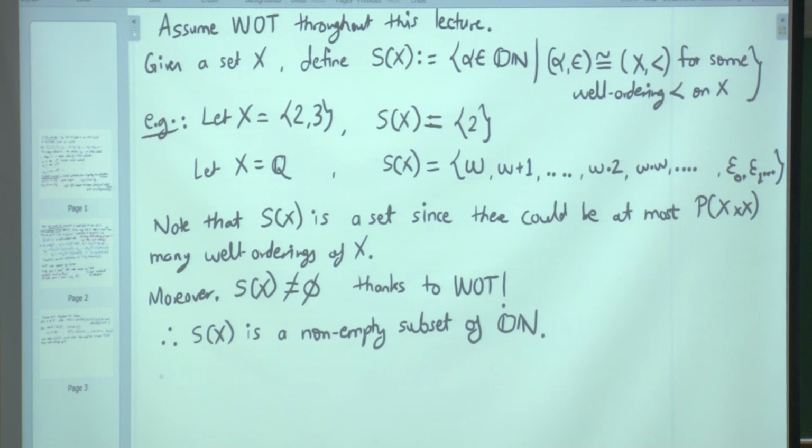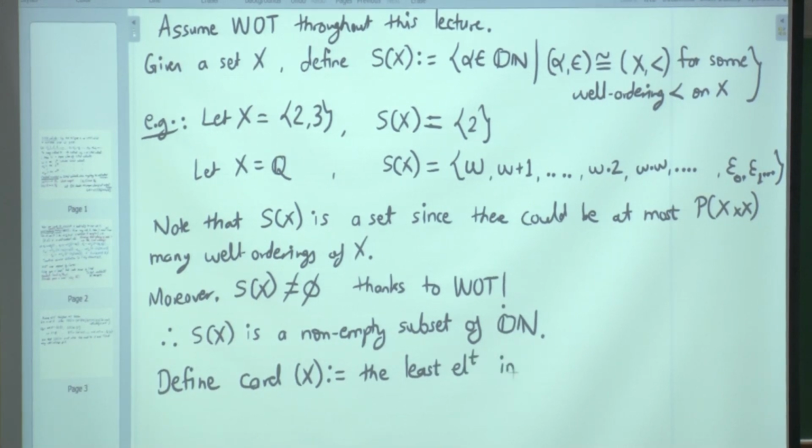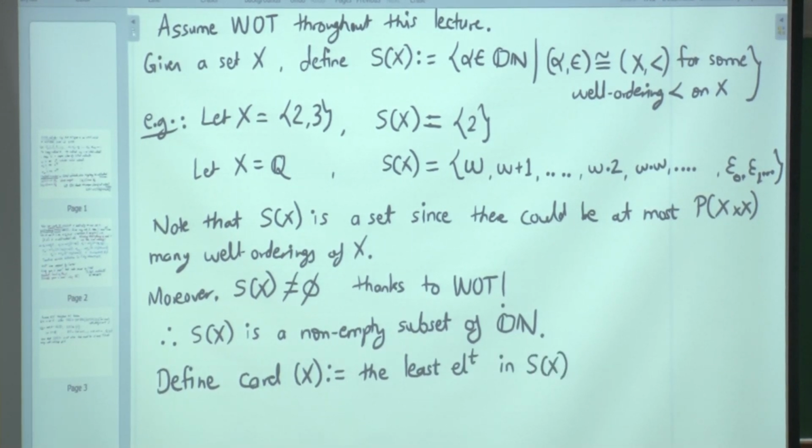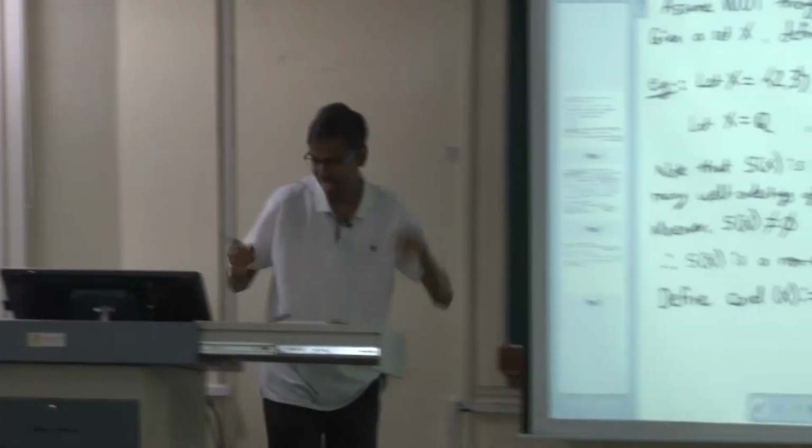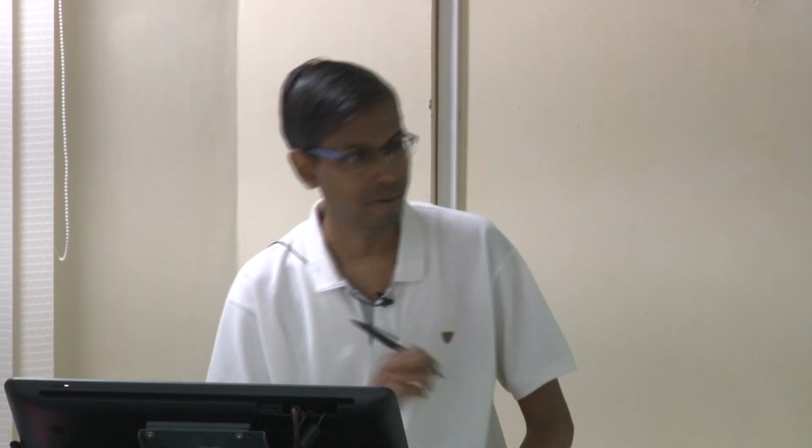So the cardinality of x is defined to be the least element in Sx. Forget the belongs-to relation, this is in brackets.